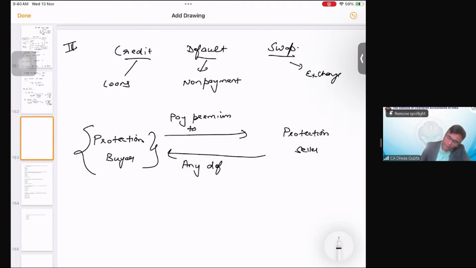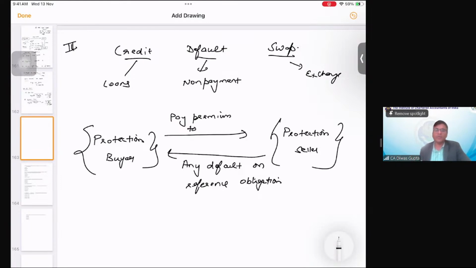So these are some of the technical terms that we are using.